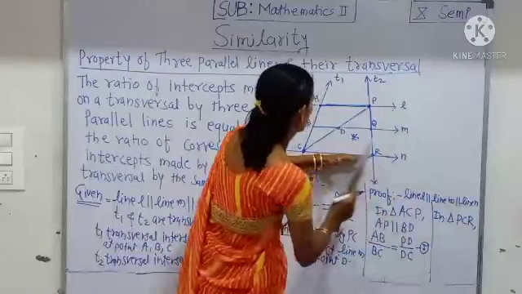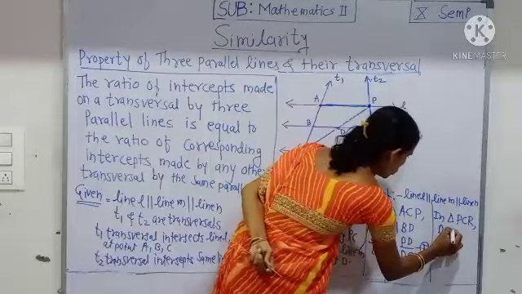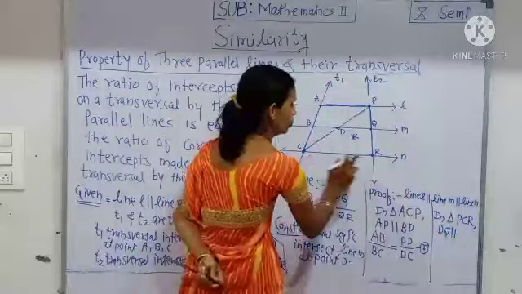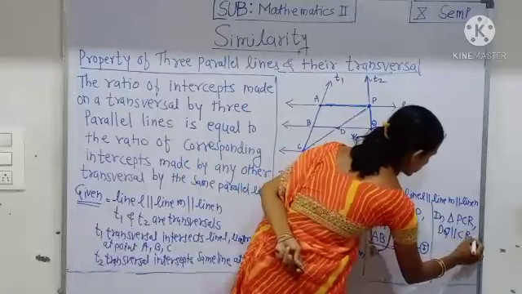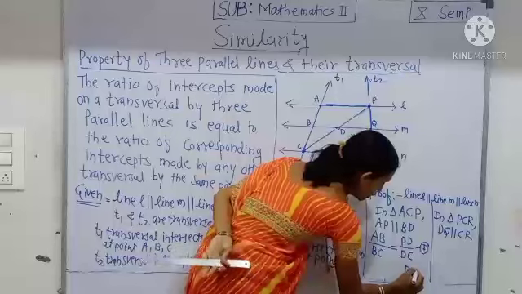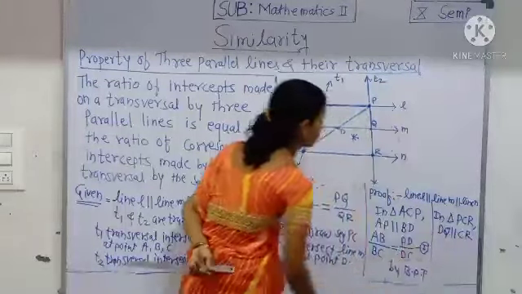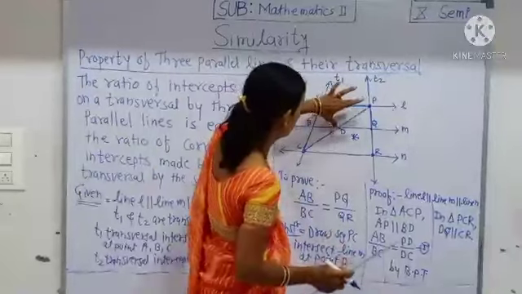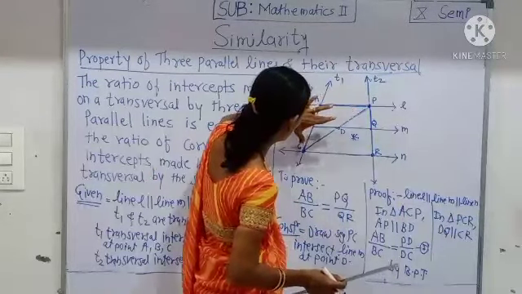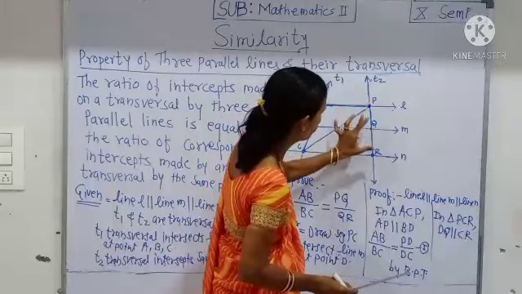Therefore DQ is parallel to CR, so by the BPT theorem, we write PD upon DC is equal to PQ upon QR.